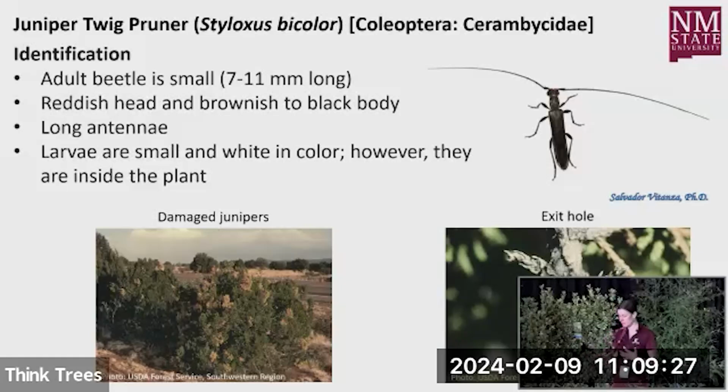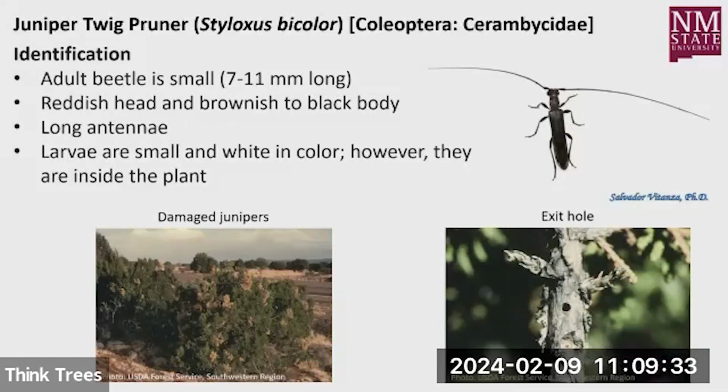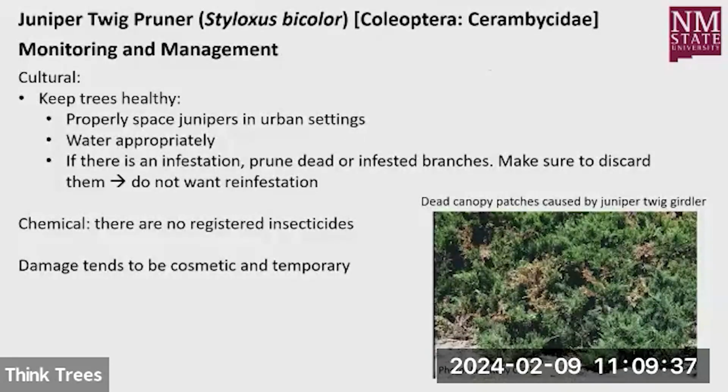But you do see some signs of their damage here. So here are some damaged junipers and then exit holes like borers make. The good news about this particular pest is that it tends to be cosmetic and temporary. It seems very startling at first when you see the damage, but they're not going to kill your junipers.